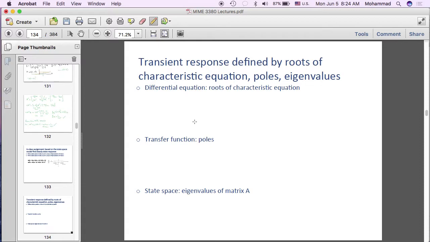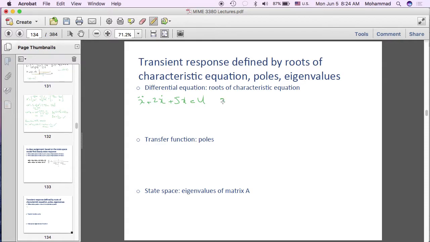When you talk about the differential equation, you can get similar information by finding roots of the characteristic equation. From a differential equations course, you may remember that if you have a differential equation like this, let's say a second order one, x double dot plus 2x dot plus 5x equals u, one method to solve it, called the method of undetermined coefficients, says I'm going to assume I know what the response is.